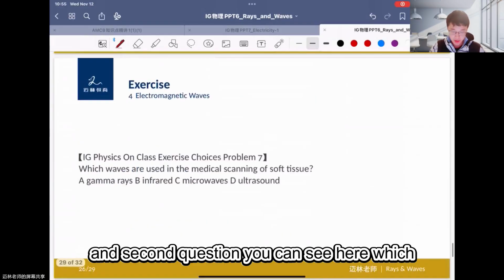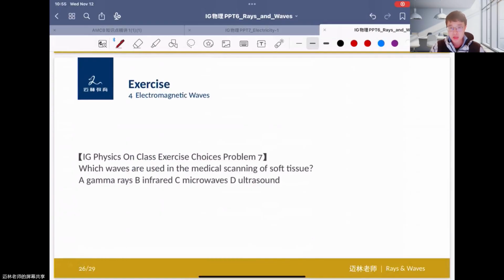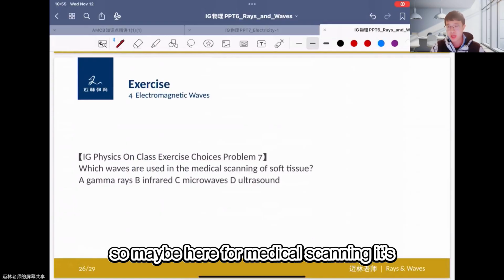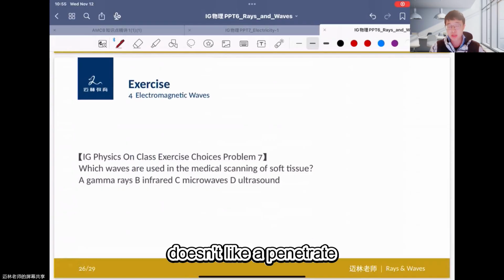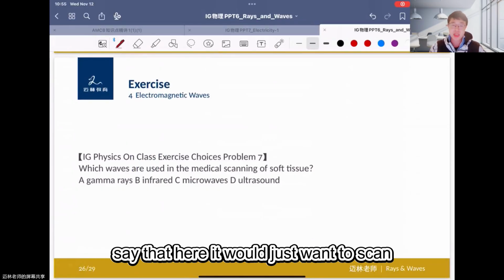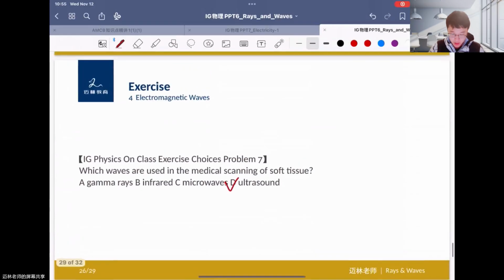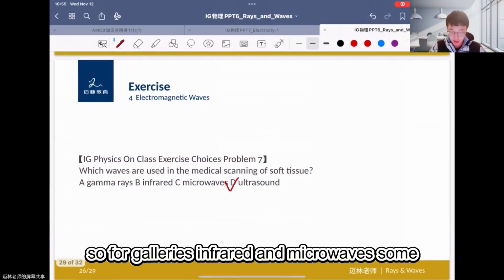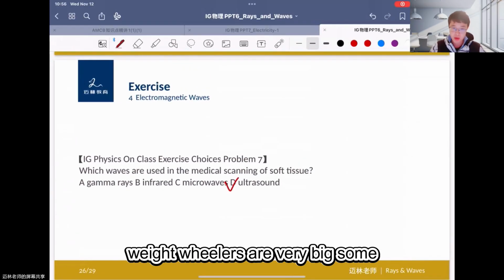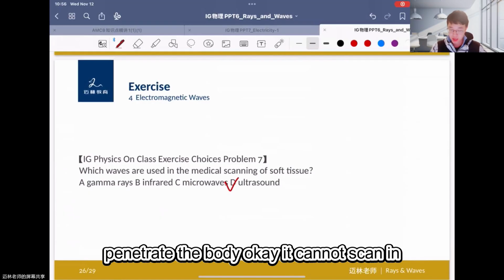The second question asks which wave is used in medical scanning for tissue. Medical scanning just wants to scan the surface, without needing penetration ability. So for this one we use ultrasound. Gamma rays, infrared and microwaves have wavelengths that are very big or penetrate too much, so they cannot scan the soft tissue.